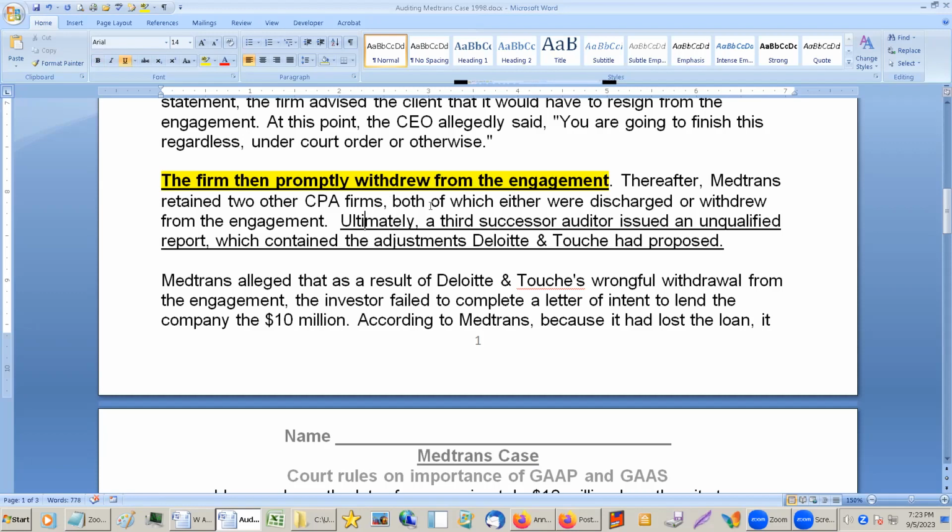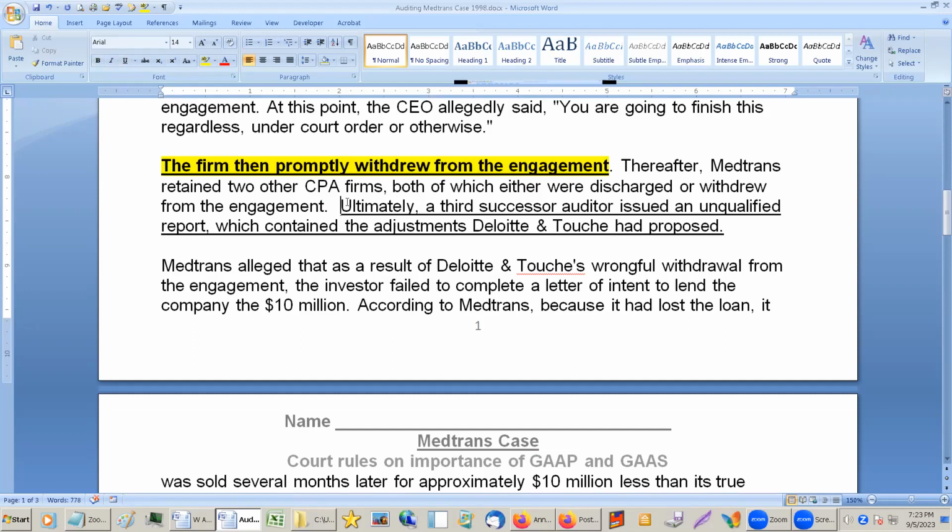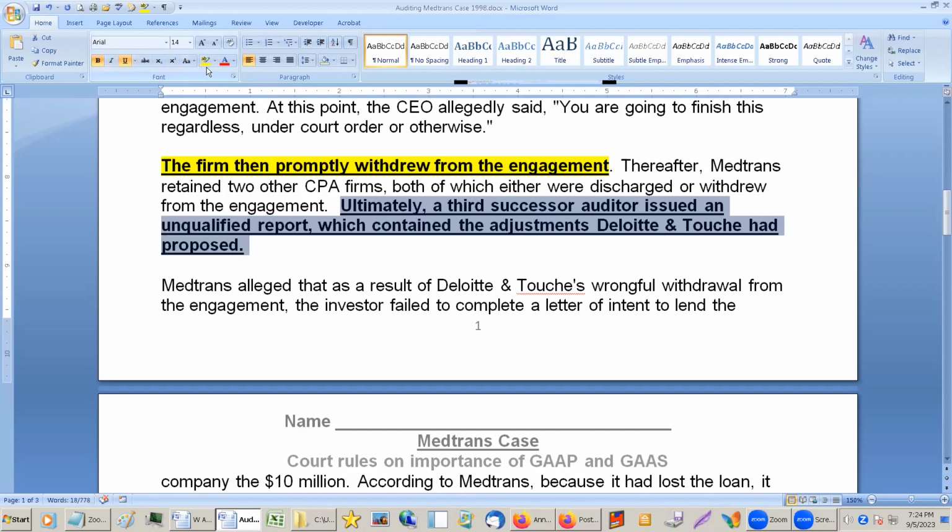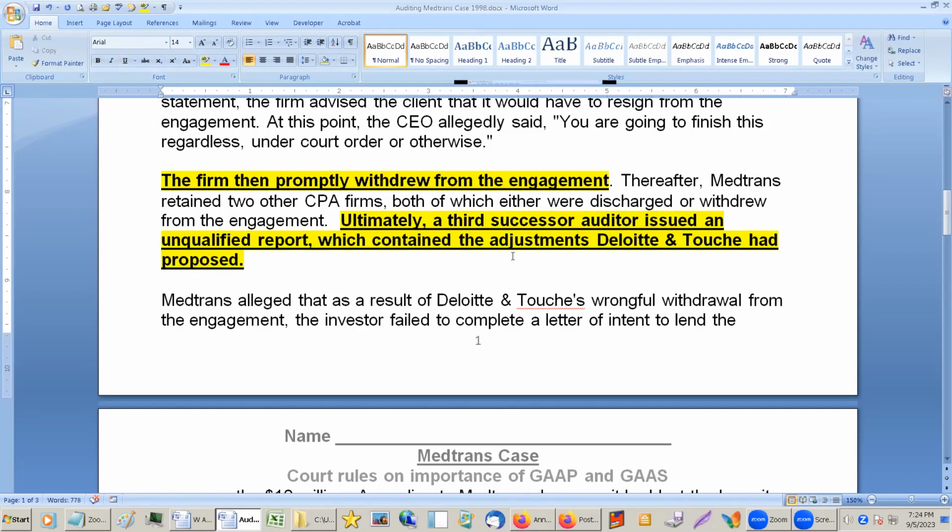Medtrans retained two other CPA firms, and both were discharged. The third firm, so this is their fourth set of auditors, came in and gave a report after making the adjustments. Now you look at this and say, this is pretty cut and dry, there's no problem there. The problem is with the CPA firm withdrawing from the engagement.